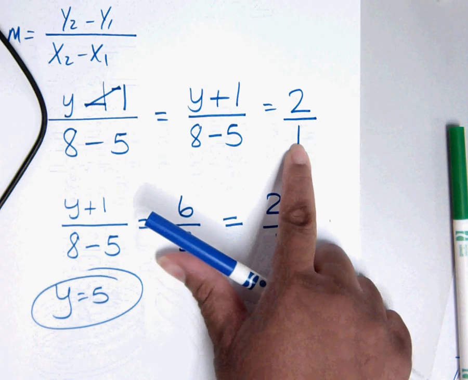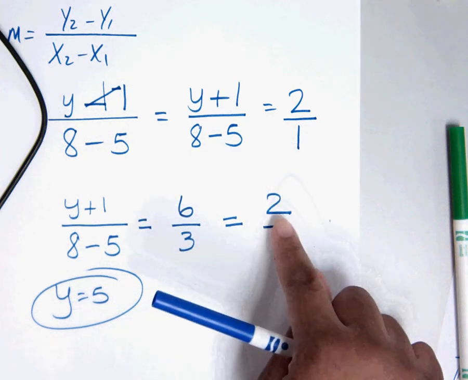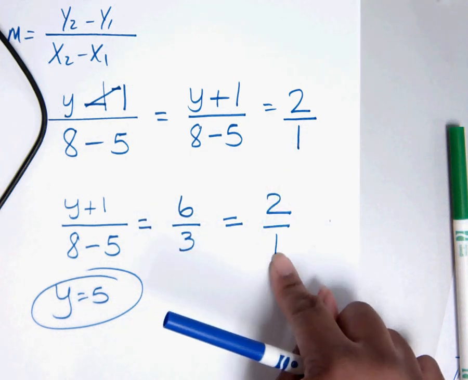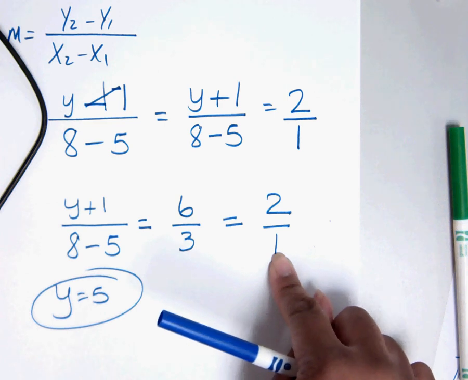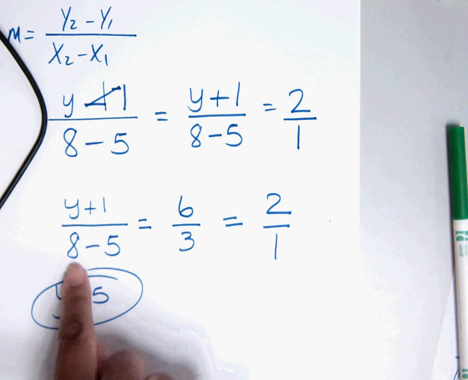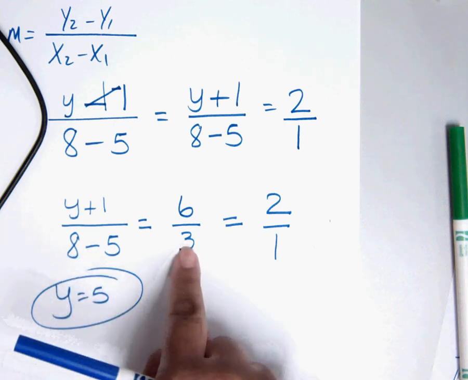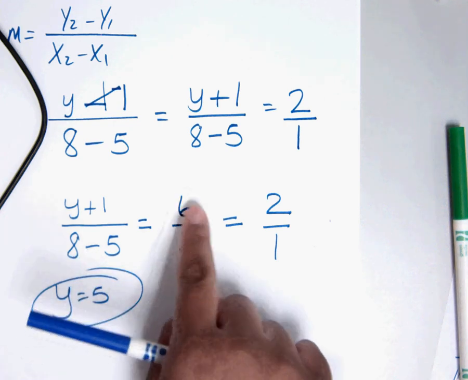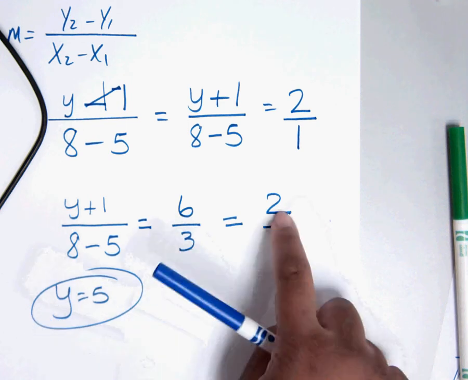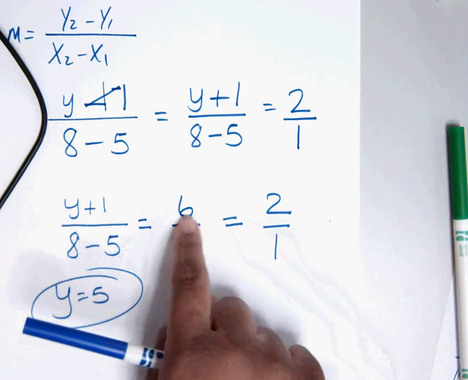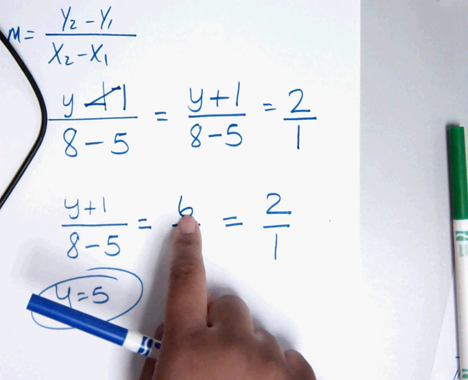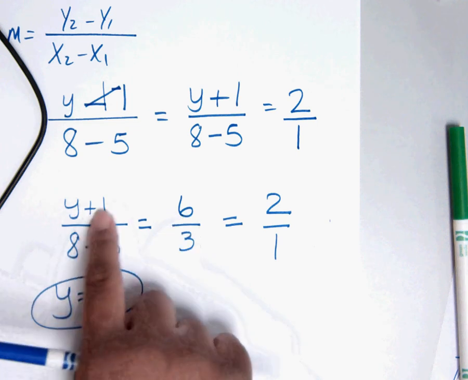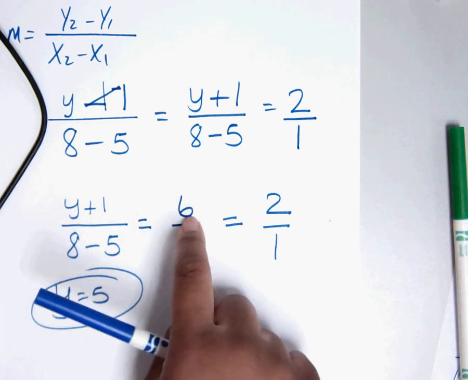Okay, well, we remembered that there are other forms of 2 over 1. We had to find an equivalent fraction. Well, how do you do that? Don't freak out. Just say, well, 8 minus 5 is 3. We know that. So what divided by 3 would give me 2 over 1? And that number was 6.